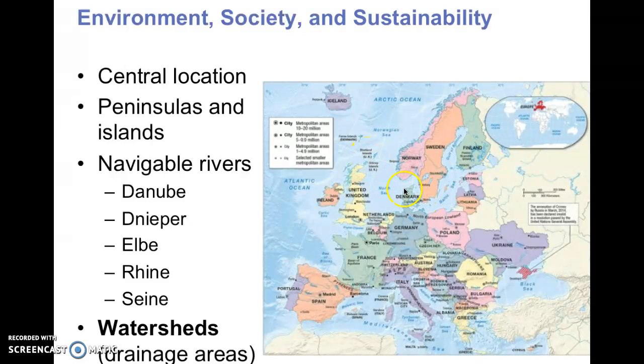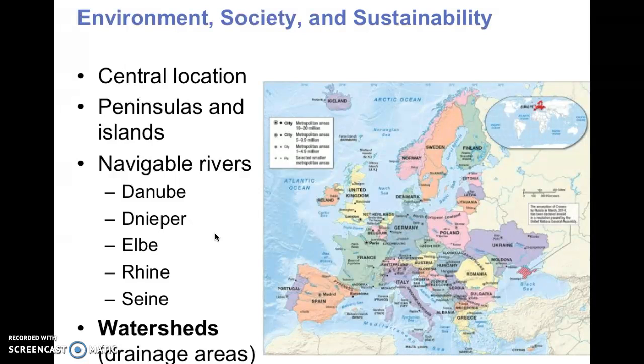These islands between the Baltic and the North Sea make up a lot of Denmark. The peninsulas, of course, include the Scandinavian Peninsula, the Iberian Peninsula, the Italian Peninsula, Greece, but you also have Brittany, Normandy, Denmark, Finland, all peninsulas with a lot of access.